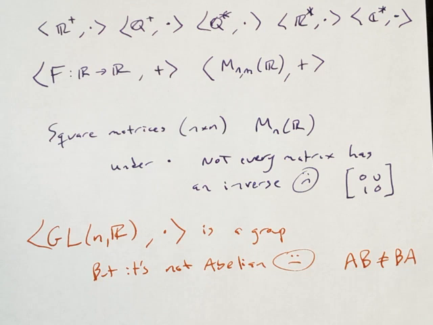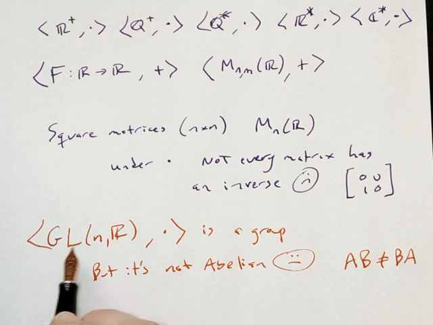So here's a perfectly well-defined operation. It works. It's got inverses, but it doesn't have commutativity. The order in which you do matrix multiplication is fundamental and matters a lot.